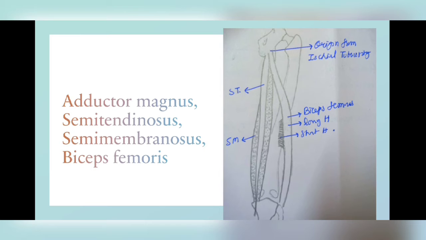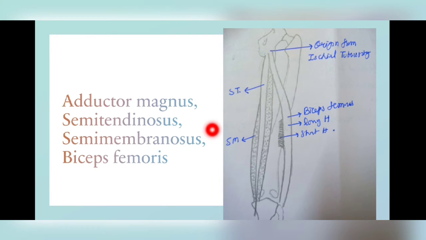From the outer lower part of ischial tuberosity arises adductor magnus, and from the superolateral impression of the upper part of ischial tuberosity arises semimembranosus, and from the inferomedial impression of the upper part arises semitendinosus. Next muscle is biceps femoris, which arises from the inferomedial impression of the upper part of ischial tuberosity.